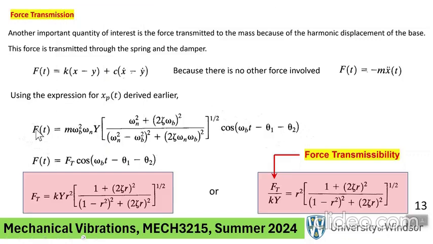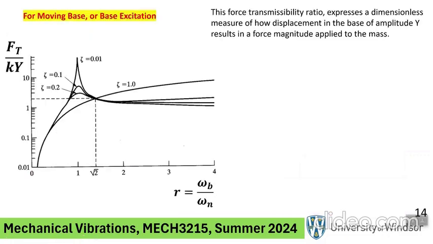That is the force. Where did it come from? It comes from the expression xp equal to big X times cosine of also omega bt minus theta 1 minus theta 2. In other words, the force transmitted and the displacement of the mass are in phase. That's what this is saying.